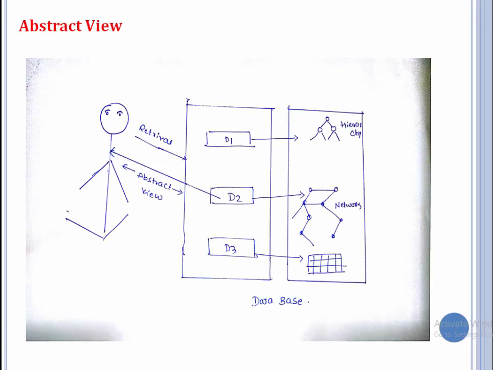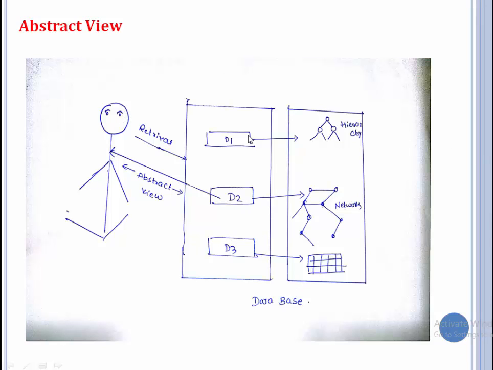Let us see one diagram here. This is a simple image to depict the abstract view. This is the end user and this is the database.